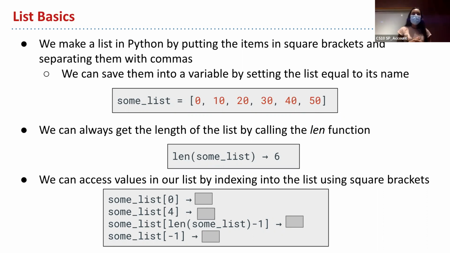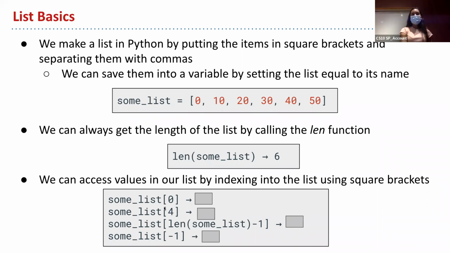And then we can also access values in our list by indexing into the list using square brackets. So this is the square bracket notation. Everything to do with lists is usually revolving around square brackets. So we use square brackets to make our list. We can also use square brackets to index into our list. This is like in Snap when you use the item of block.